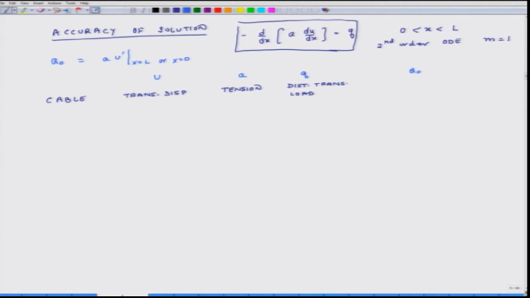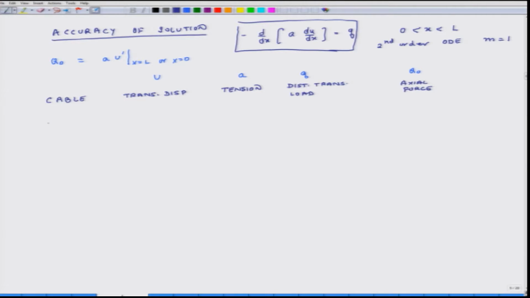So Q naught is axial force. So the second order equation can describe the behavior of a cable under tension if I consider U as transverse displacement, A as tension, Q as distributed transverse load, and Q naught as axial force.